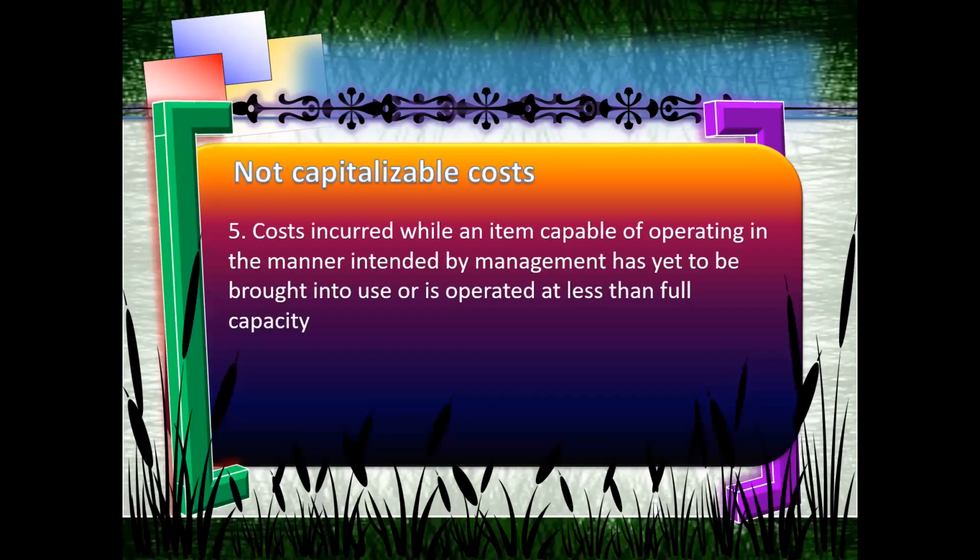Number 5 is this, the cost incurred while an item capable of operating in the manner intended by management has yet to be brought into use or is operated at less than full capacity.